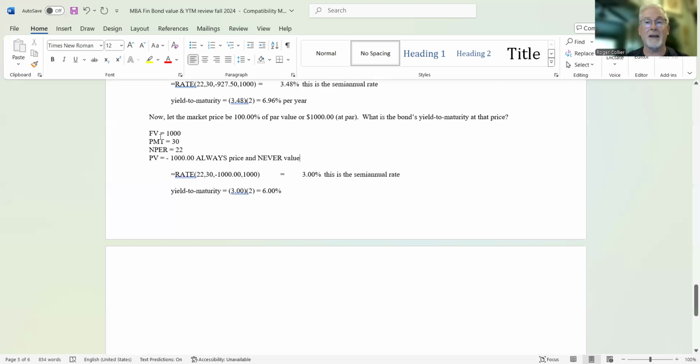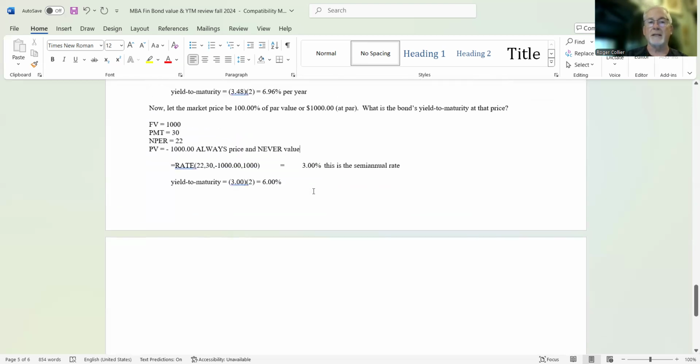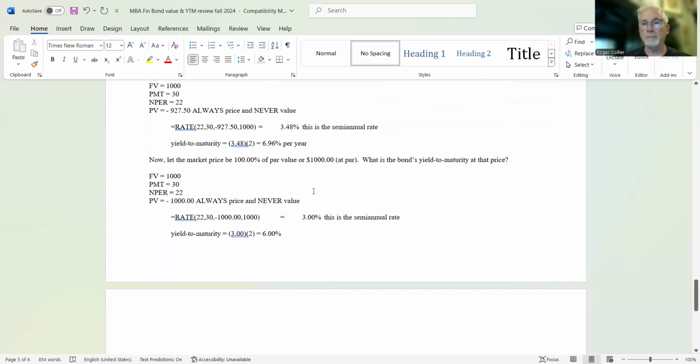So the price is 1,000. Put it into our calculation, and I get 3% multiplied by 2. That gives me 6%. Right? Because the price and the par value are exactly the same. In this case, that yield to maturity equals the coupon rate.